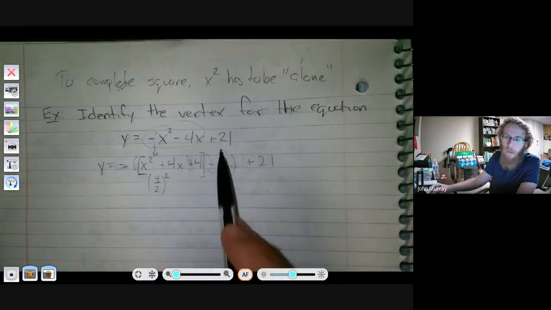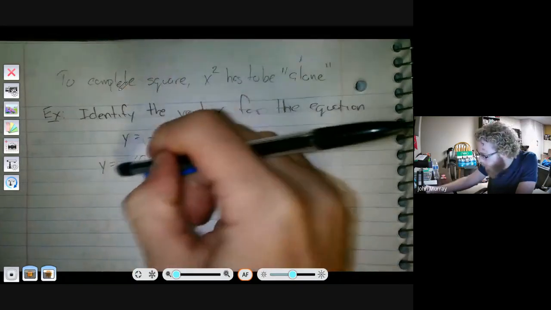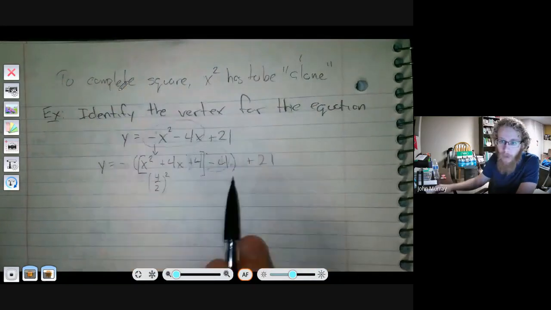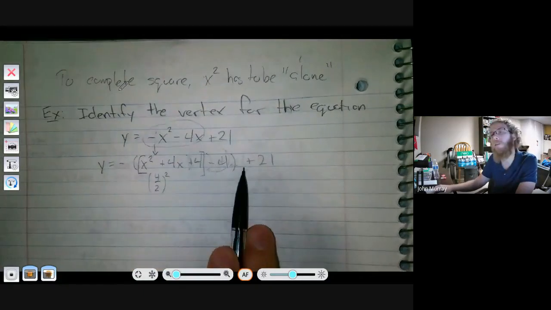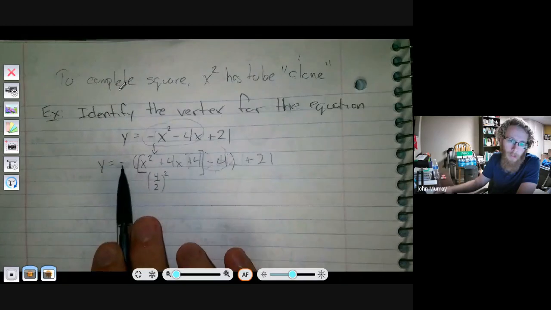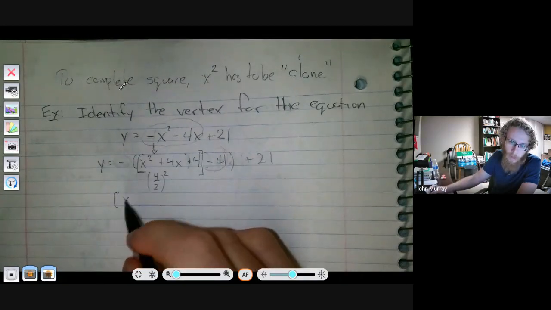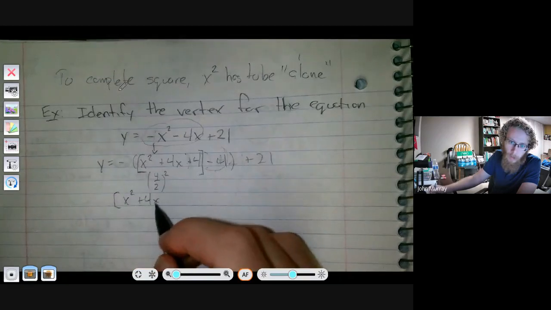This negative 4 is being manipulated by what's on the outside. That's a negative there. So I'm taking this negative 4 out of the parentheses, but along with it goes this negative. So in the front, I still have the x squared plus 4x plus 4.